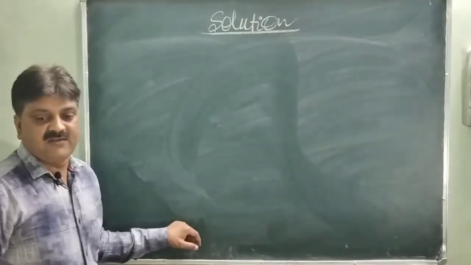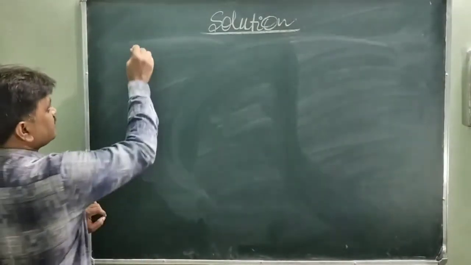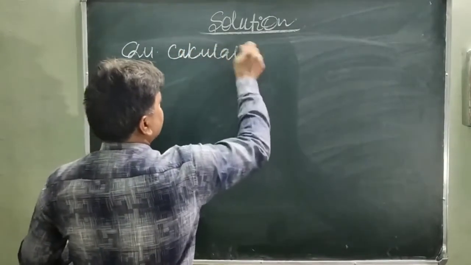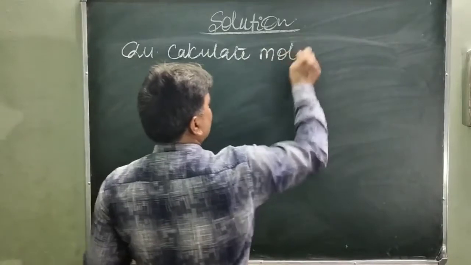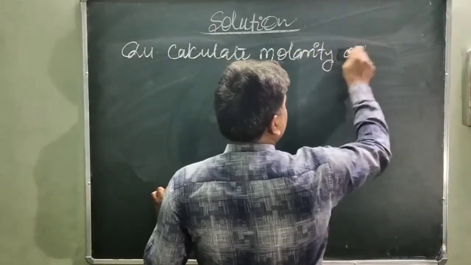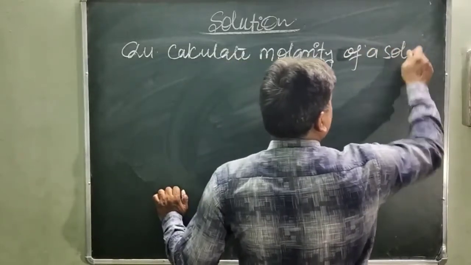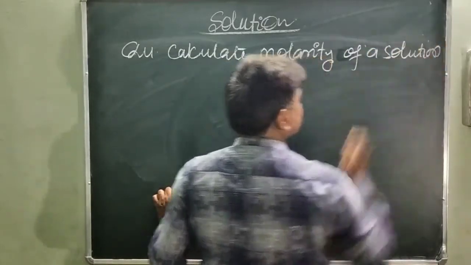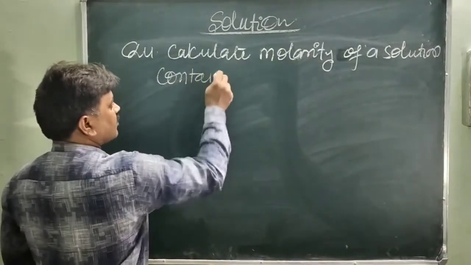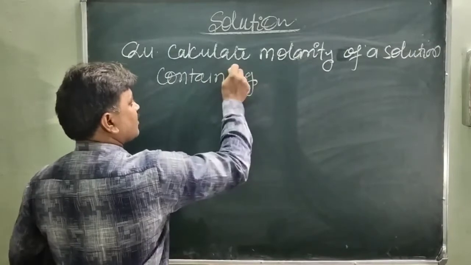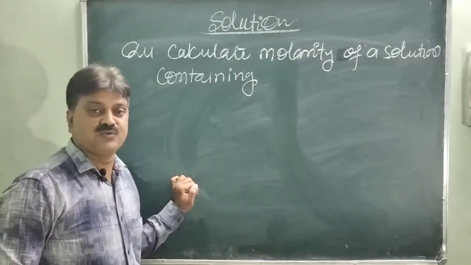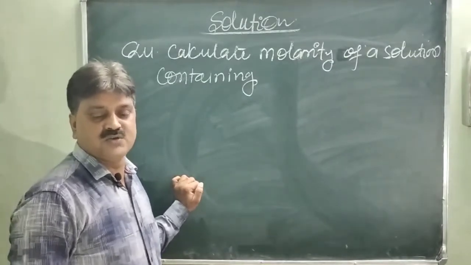Calculate the molarity of a solution containing 5 gram of sodium hydroxide in 450 ml of solution.